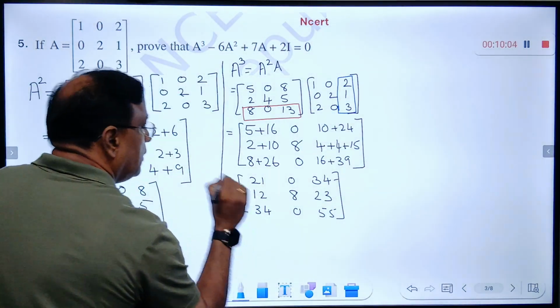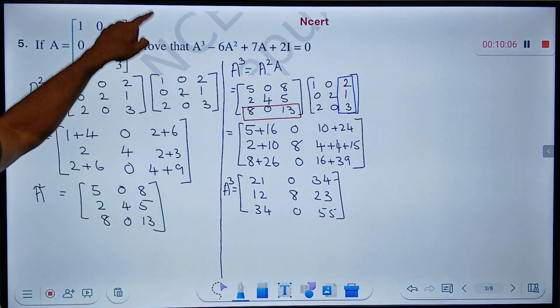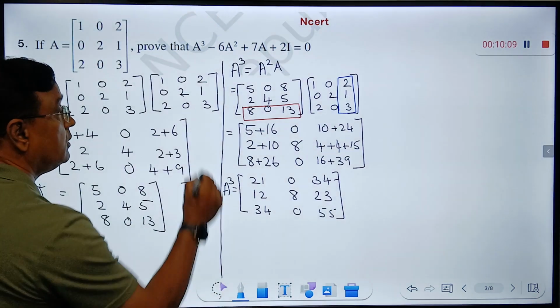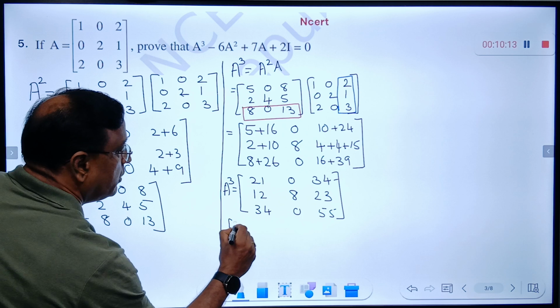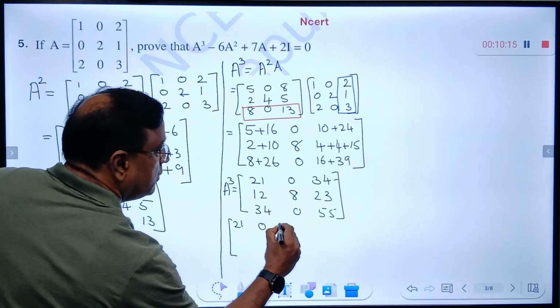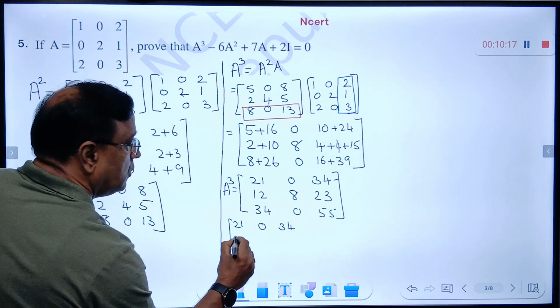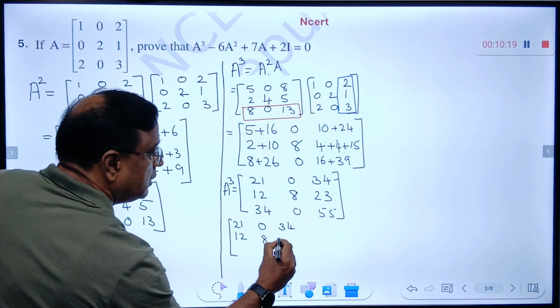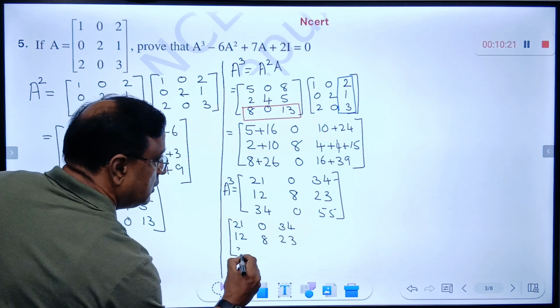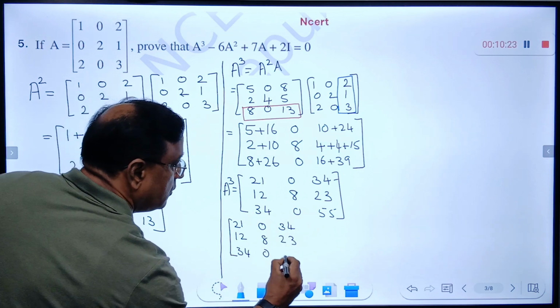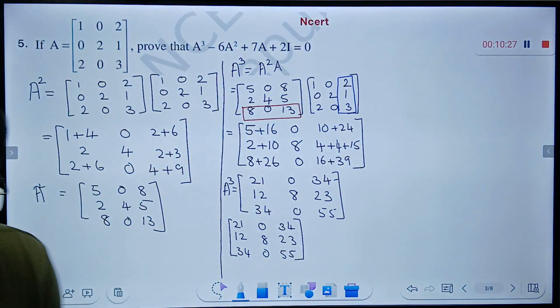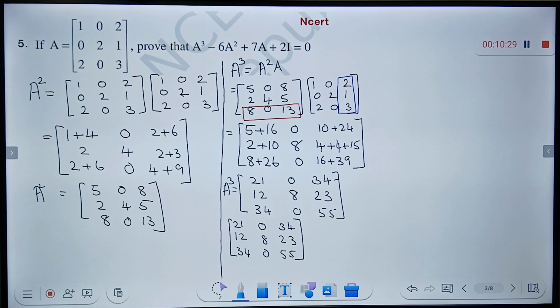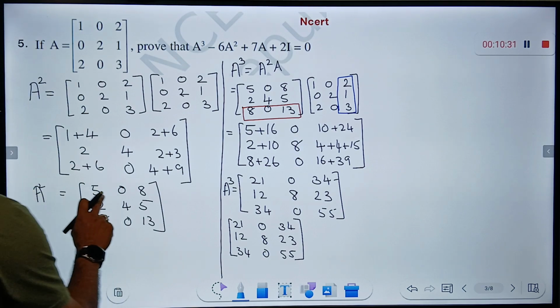Great. Now take this and substitute in that equation. So what is A cube? A cube is 21, 0, 34, 12, 8, 23, 34, 0, 55. And what is 6A square? A square is this. Multiply this by 6.